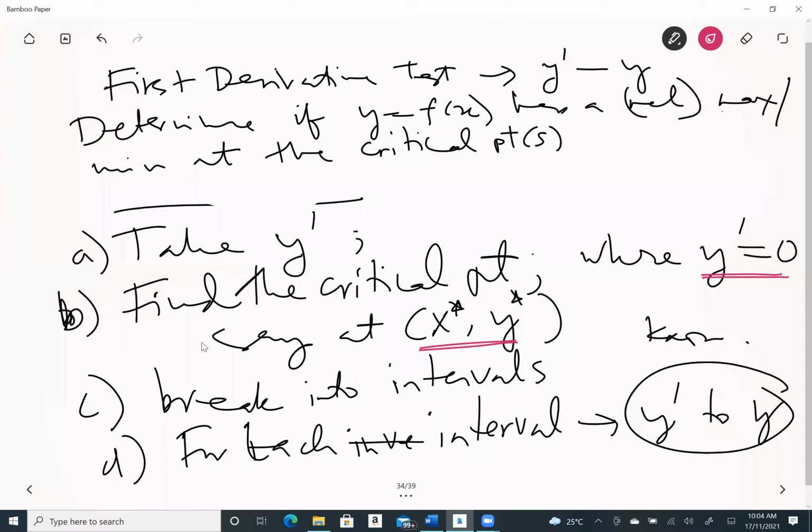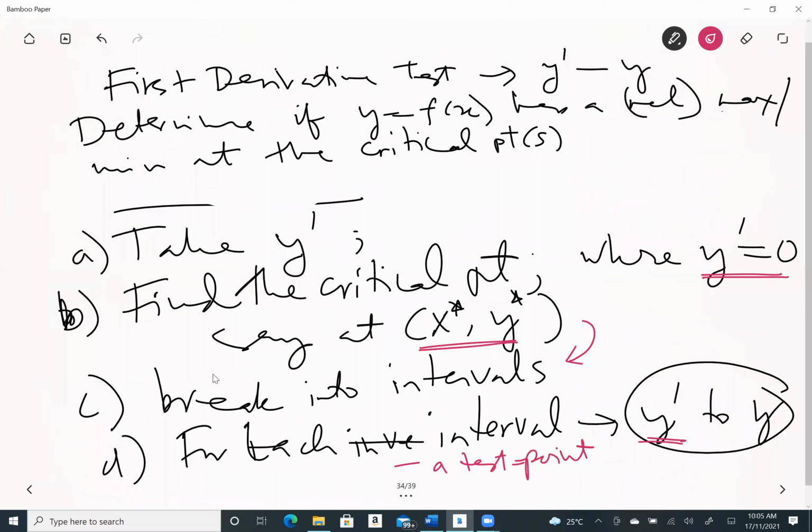The critical point will separate the values of x into intervals. So for each of the intervals, you relate the behavior of y prime to y by using what? Using a test point.